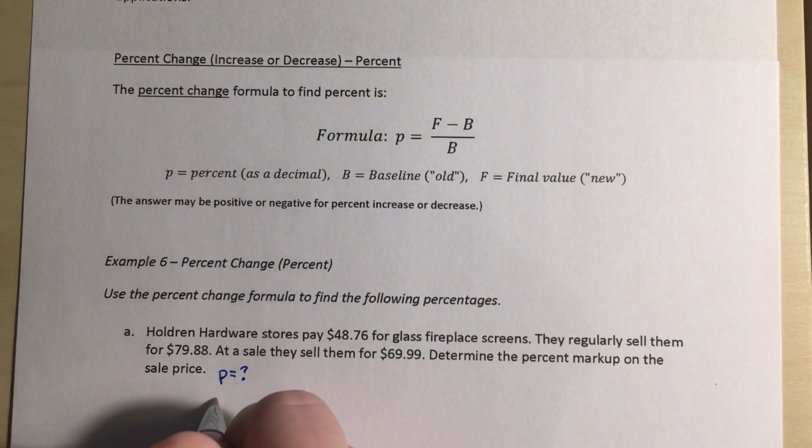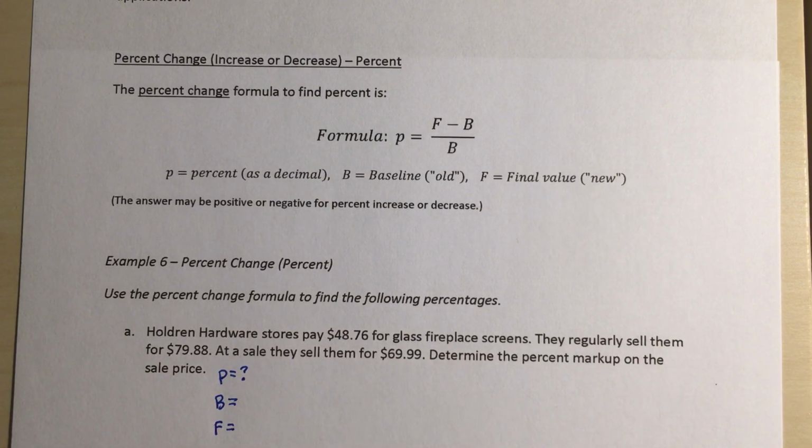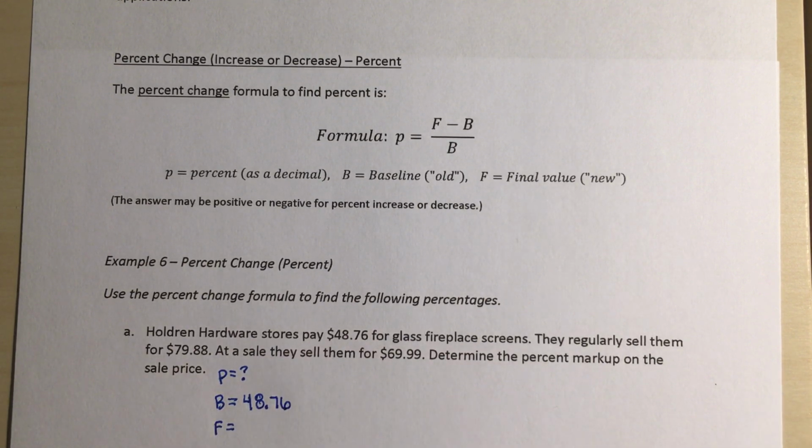Right, so we need to establish what is our baseline and what is our final value. Our baseline is the old price, or in this case, what they pay. So in that case, our baseline is $48.76. In this case, our final value, it's kind of confusing because we're given 3 numbers in this problem.